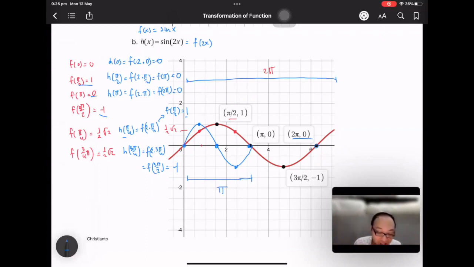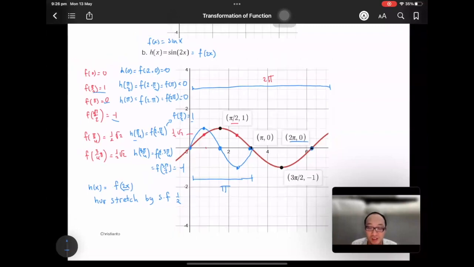So that means h(x) equals to f(2x) is a horizontal stretch by scale factor half. So again in here, the notation will be opposite. So in the horizontal direction, the scale factor is half, so you write as 2x. Yeah.